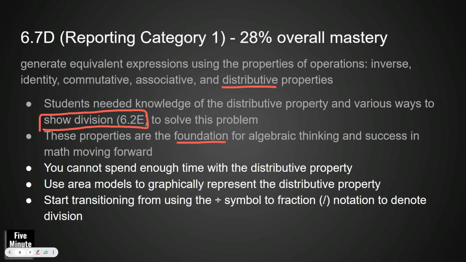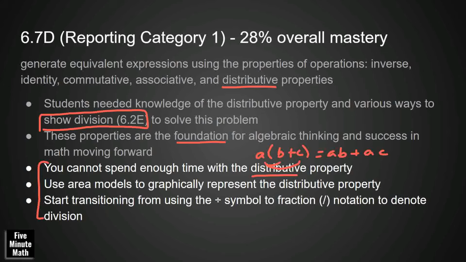So what does that mean for us in our instructional implications? Well, you can't spend enough time with the distributive property. Not only going to the distributive property, right? So A, this is how they normally show it, right? You distribute out the A and both the B and the C, but we also want them to be able to factor out, right?